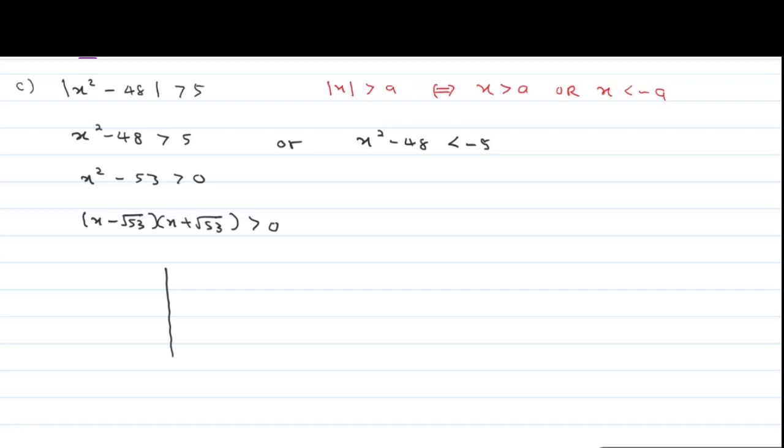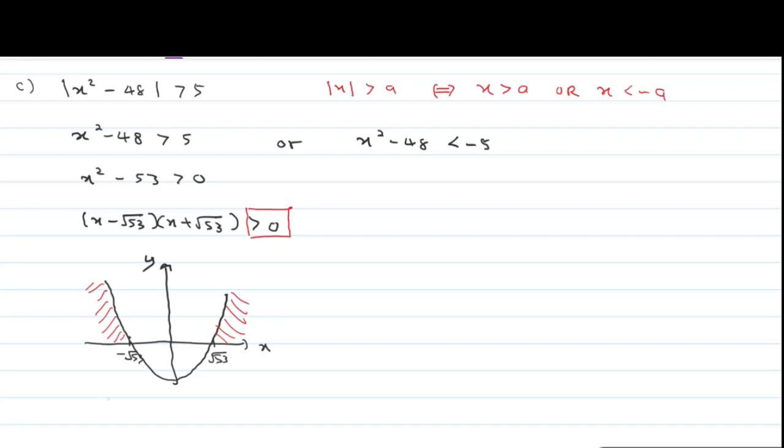So we have the y-axis and then the x-axis. Here is negative square root of 53. On the right side should be square root of 53. Draw the graph. The graph is smiling. Here we want to choose greater than 0. Greater than 0 means it is above the x-axis.